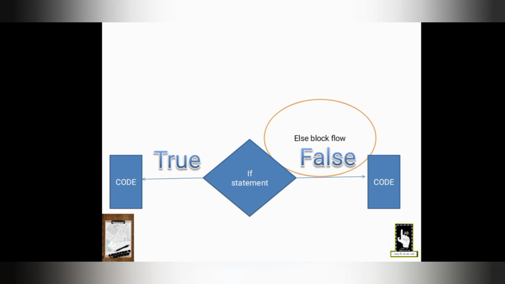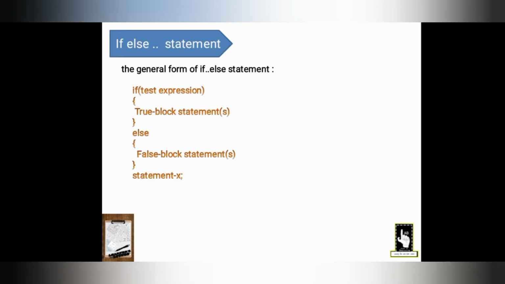The general form of an if else statement is: if test expression, some true block statements, then the additional part that will come here is else and the false block statements, and outside again statement X. If the test expression is true, then the true block statements will be executed, and for all the other conditions, the false block statements are to be executed.